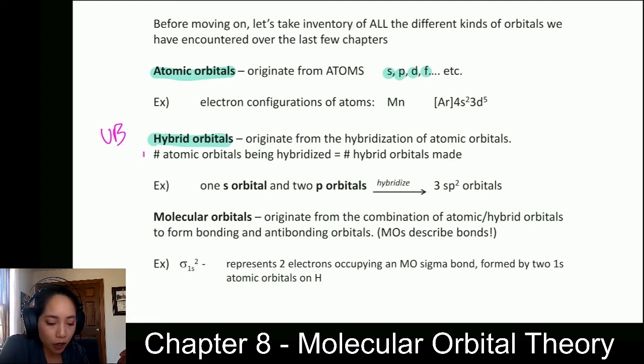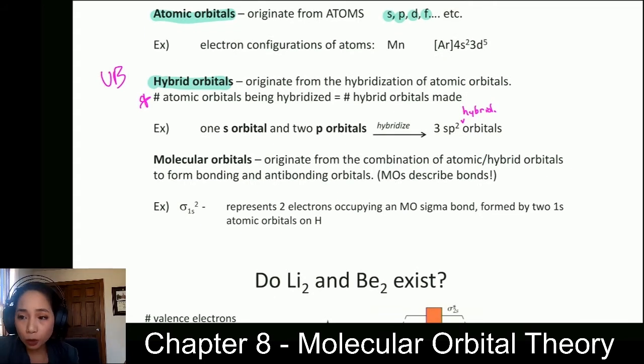The number of atomic orbitals to hybridize equals the number of hybrid orbitals you make. So if we put together an s orbital and 2 p orbitals on a carbon atom, we get 3 unique sp2 hybrid orbitals. So hybrid orbitals are just combinations of atomic orbitals.